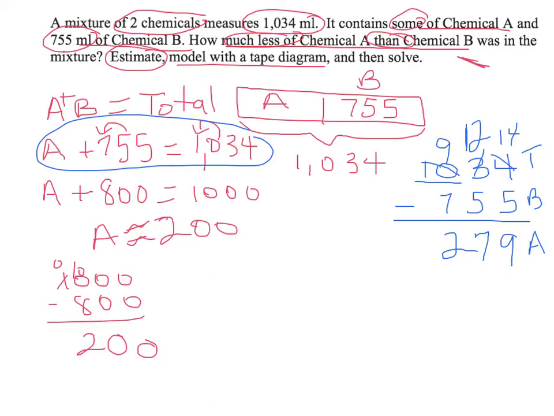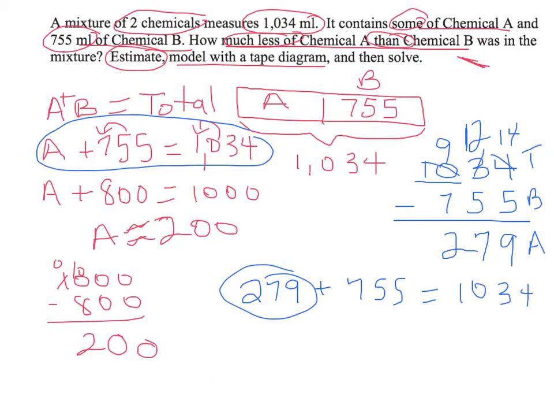So if I'm correct, 279 plus 755 would equal 1,034. And A would be this number right here. This is A. So I'm going to actually add that up to check to make sure I'm right. We'll do that right up here. 755.